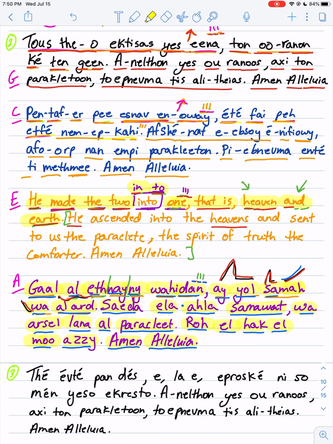Alleluia. So that is the second part out of the 5 for the hymn Asomen.